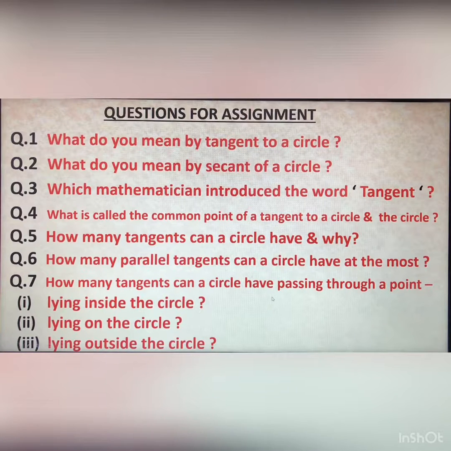Only and only one. Now if a point lies inside a circle, then how many tangents can you draw? Zero, none. And lying on the circle, how many tangents? Only one. And lying outside of the circle, how many? Only two. Yes, of course. So dear.